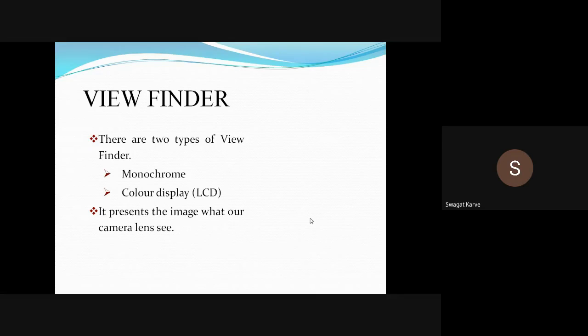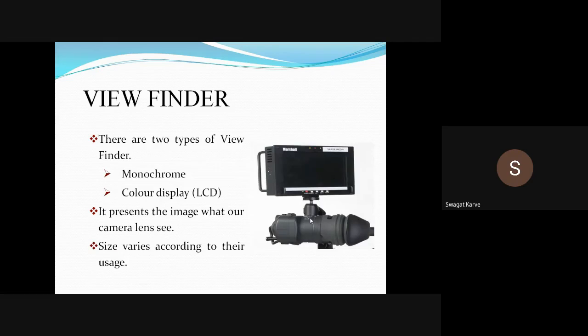That means that can be of monochrome or that can be of color display. So this is what the viewfinder is used for. Okay, and the size varies according to their uses. So this viewfinder, their size varies according to your uses.